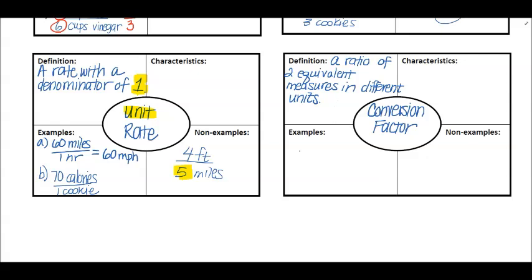So a good example is we have, say, 1 foot over 12 inches. Since 1 foot is the same length as 12 inches, they are equivalent to each other, but they're measured in different units.